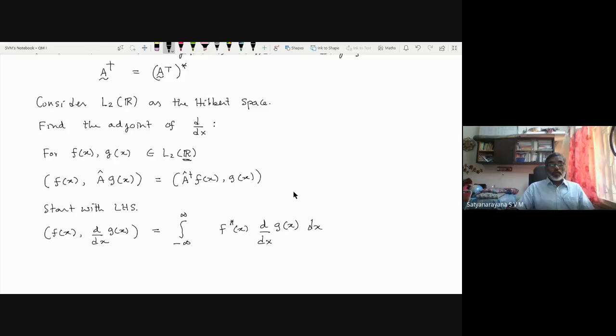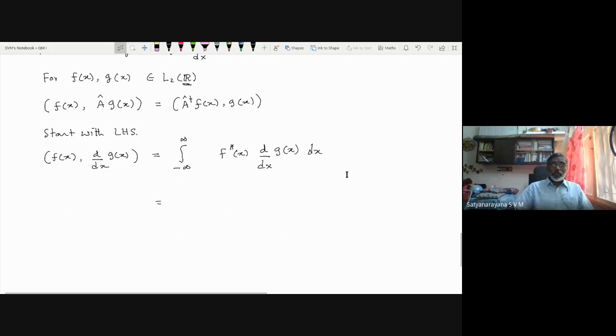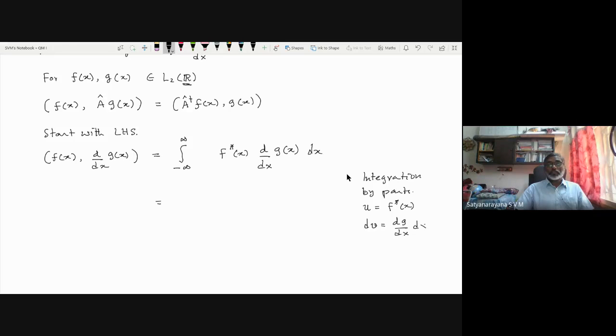Now, I want to bring this operator from g to f. That can be done by just doing an integration by parts. So we will consider u is equal to f star of x and dv is equal to dg dx into dx.